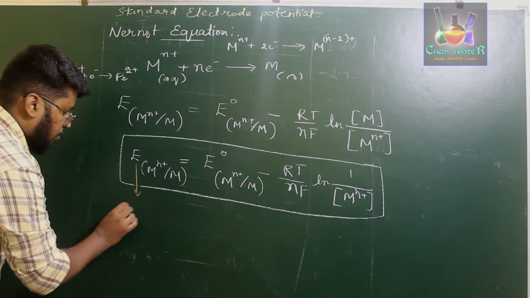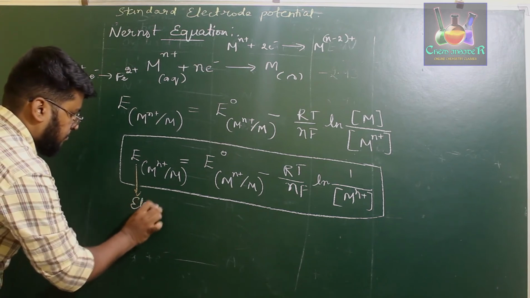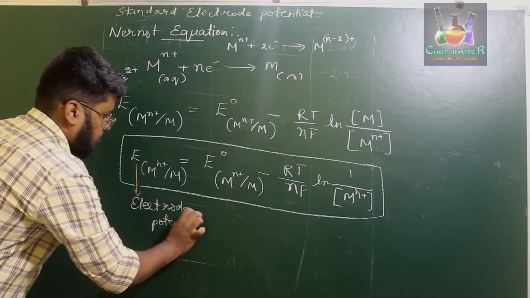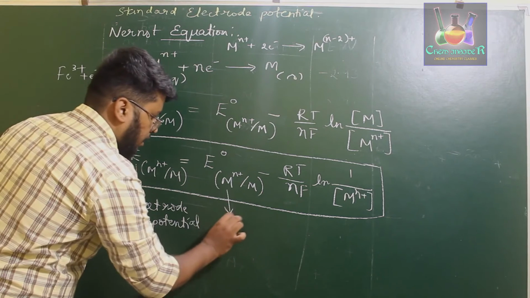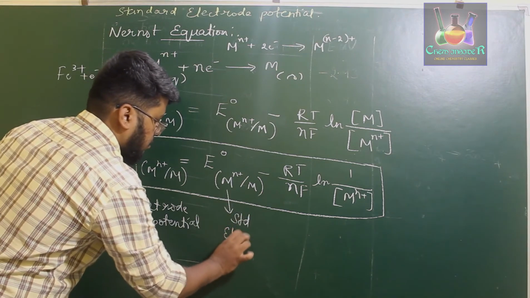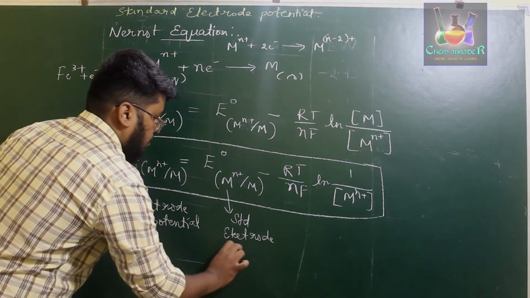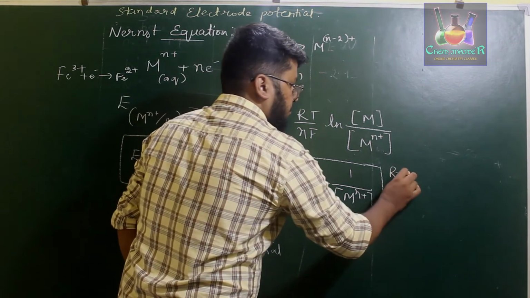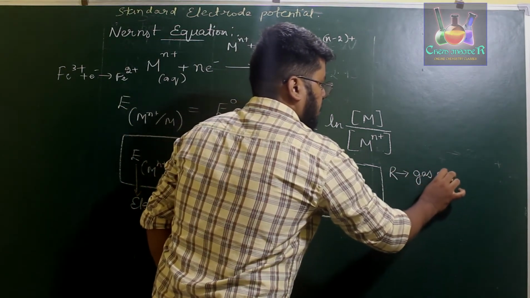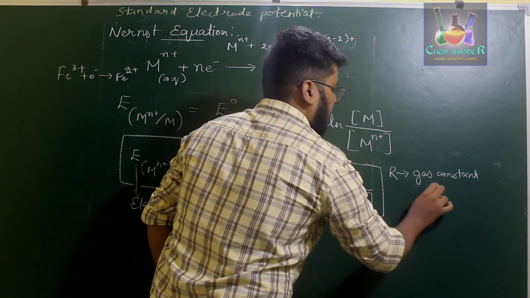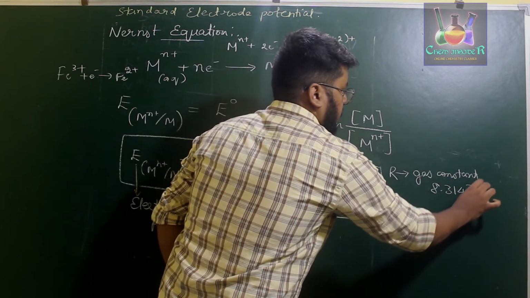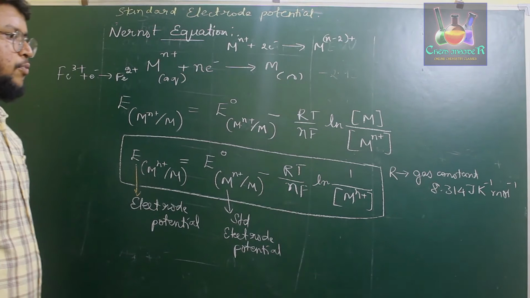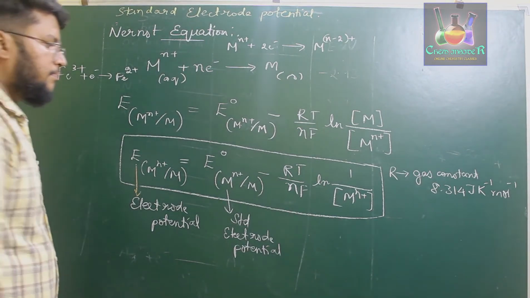Here E is called the electrode potential. E naught is called the standard electrode potential. R is the gas constant whose value is 8.314 joules per kelvin per mole.